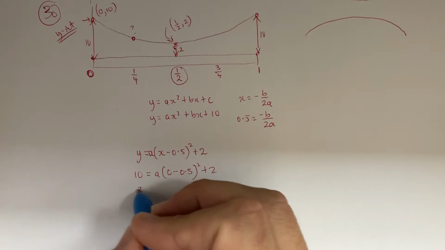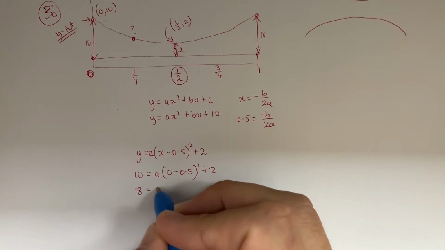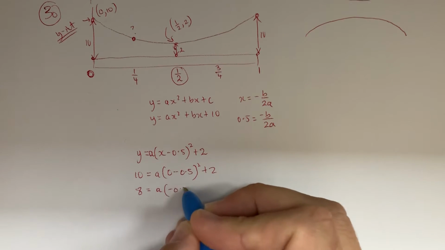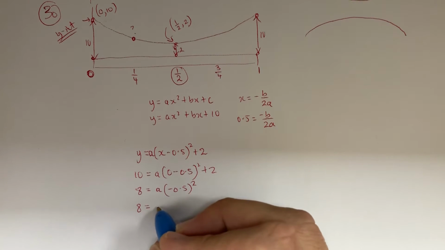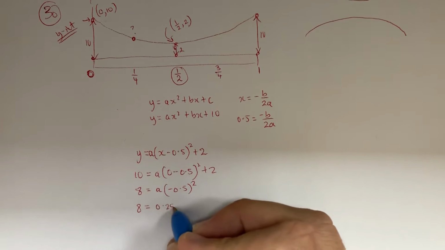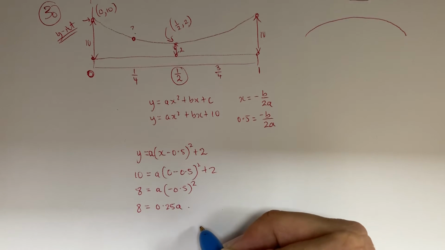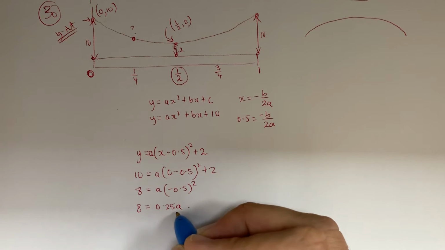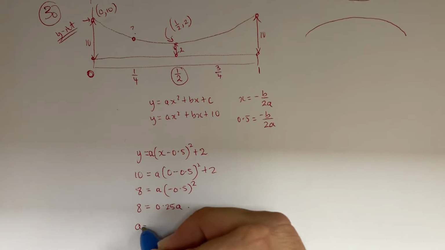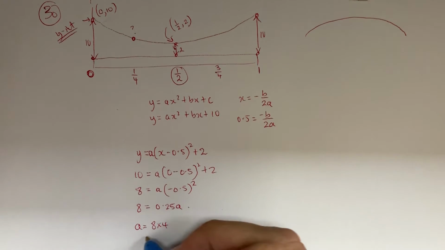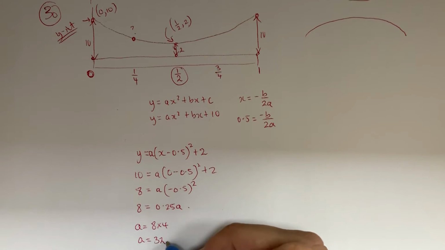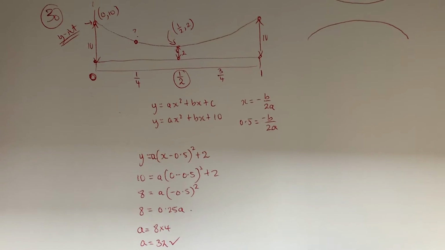So take it over, I get 8. That's going to be a bracket minus 0.5 squared. So 8 equals, well, that's going to be 1/4. And then if I take that over, a is going to be 1/4 moved over becomes 8 times 4. So a equals 32.